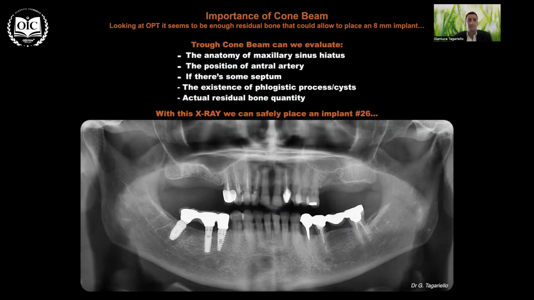Through the CBCT, we can evaluate the anatomy of the maxillary sinus hiatus, the position of the antral artery, if there's some septum, the existence of physiologic process, and the actual residual bone quantity. In area 2.6, looking at this X-ray, we can safely place an implant about 7 or 8 millimeter in length.